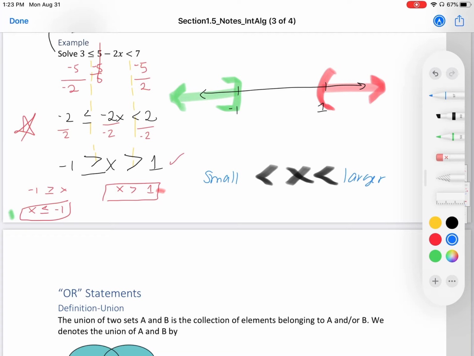But when they were switched, things didn't transfer over. So our answer for this one was the empty set. And again, this one was a problem because they didn't point to the left, they pointed to the right.